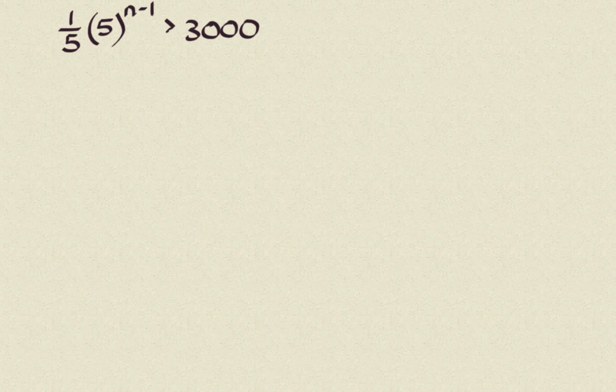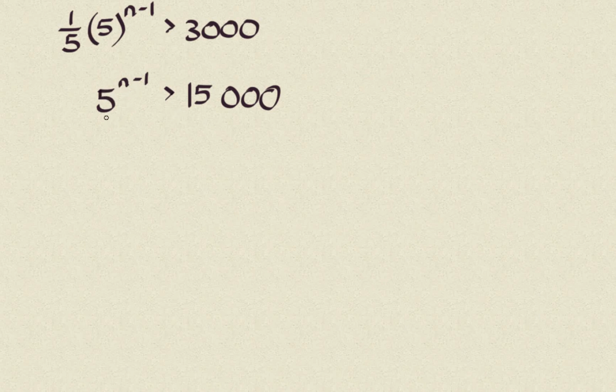Okay, first thing, that 1/5 there. Let's multiply both sides by 5 so that we just have 5 to the power of n minus 1 on the left. And on the right hand side, when we multiply 3,000 by 5, we get 15,000. Now, how are we going to get this n minus 1, which is up in the power, by itself?